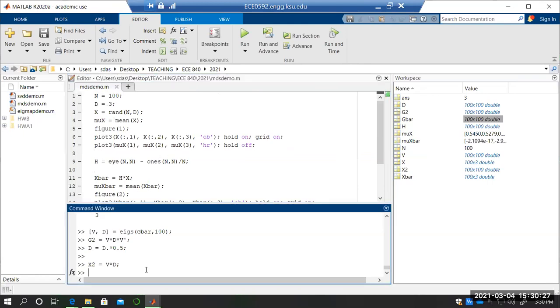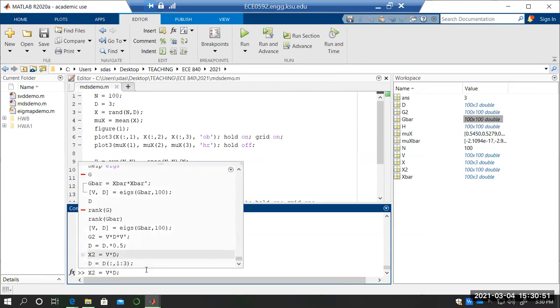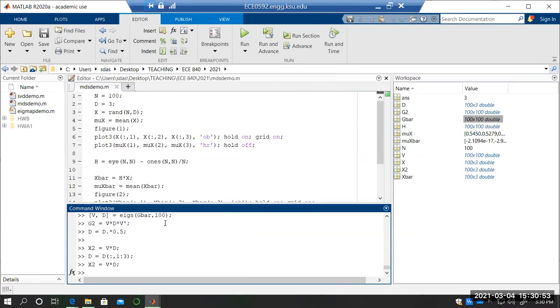Okay, so D is a 100 by 100 matrix, but the rest are all zeros. Okay, so D equals D all comma 1 to 3. Okay, and then I do my x2 equals VD.